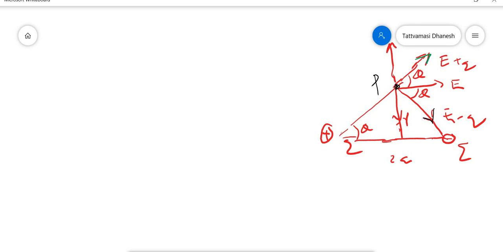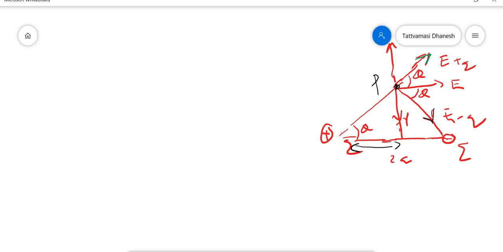And if you see the distances, the distances towards P from plus Q and minus Q should be the same, and by the Pythagoras theorem it would be root of r square plus a square. This distance will be half of 2a, and it should be a.